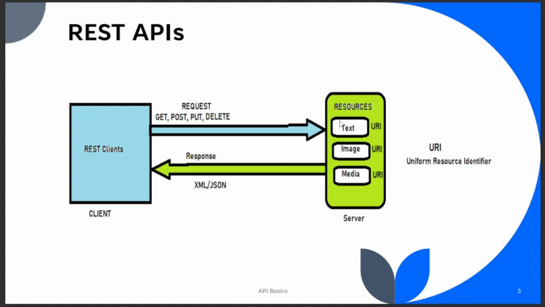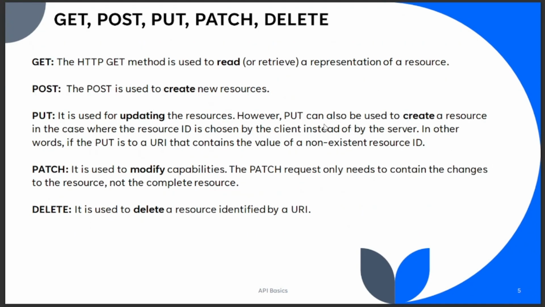It just updates part of the resource. And delete means we can delete the complete resource. We are going to look at all of these methods in detail. I just wanted you to understand these things at a high level. Get means reading, retrieving the resource. Post means creating a new resource. Put is for updating, and if, when we are updating some resource, that resource is not present on the server, it will create a new resource in the case of put. So that's the basic stuff.